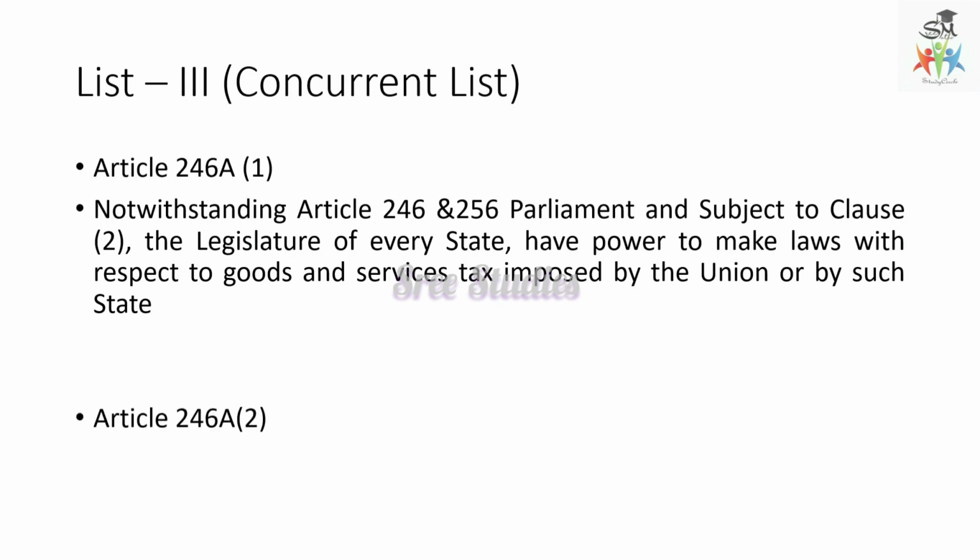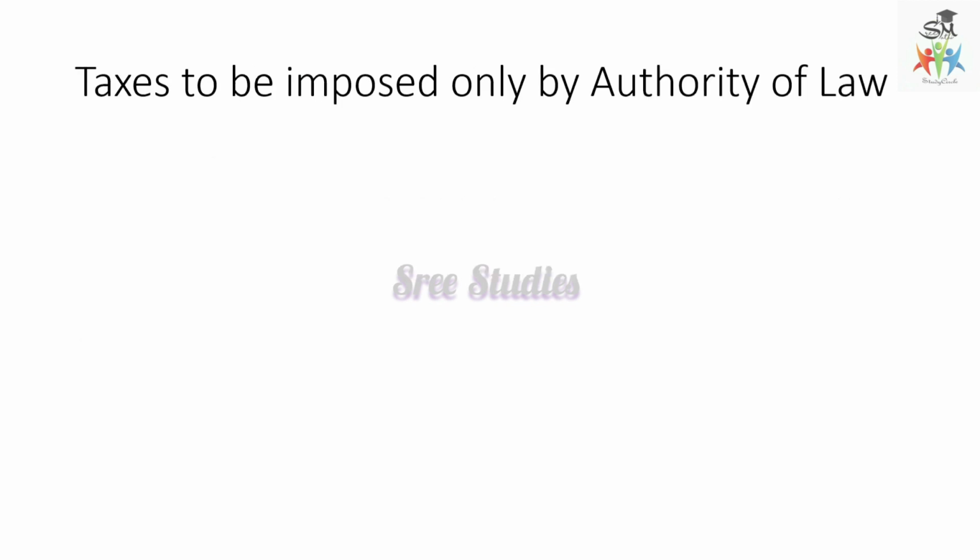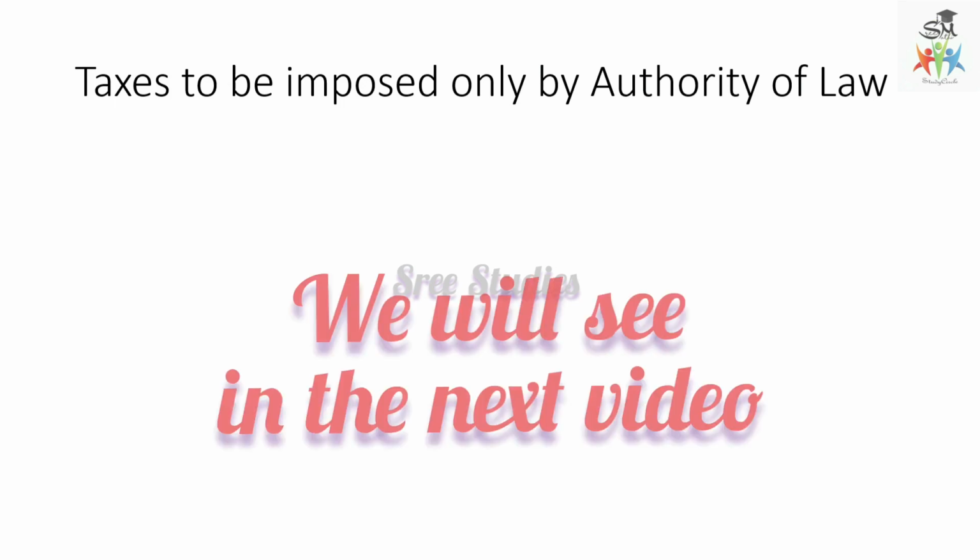So that is 246A(1). 246A(2) is where the Parliament has the exclusive power to make laws with respect to goods and services tax where the supply of goods or services, or both, takes place in the course of interstate trade or commerce. So whether anyone can impose a tax, the taxes are to be imposed only by the authority of law.